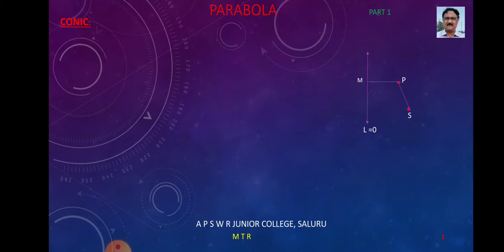Here this is the point P. First we consider SP by PM. Suppose the value of SP by PM is 0.9. Again we take another point P and find SP by PM. Now the value of SP by PM is also 0.9.